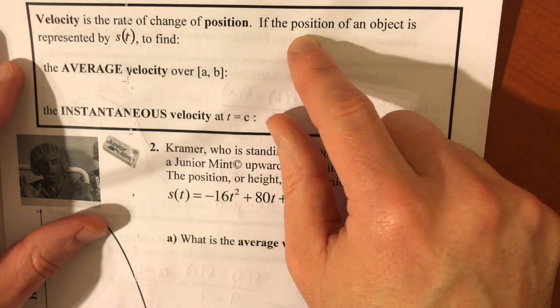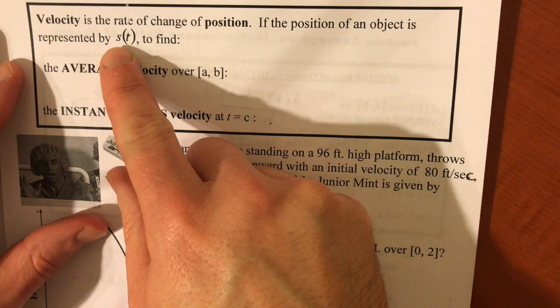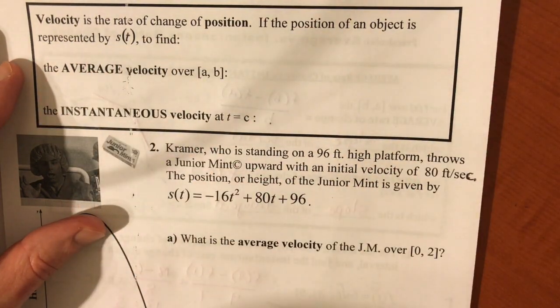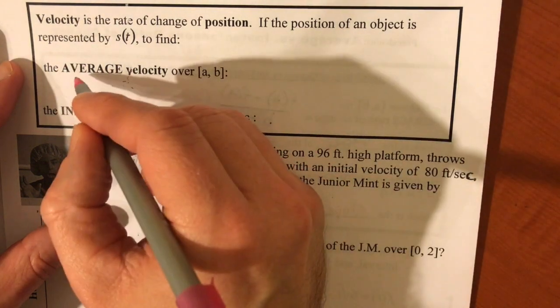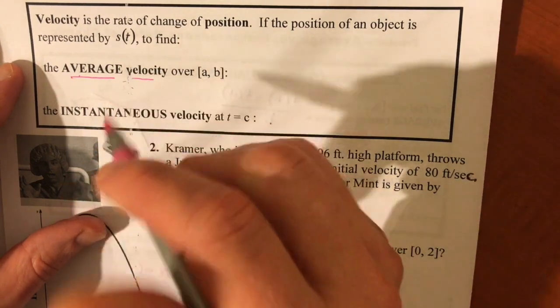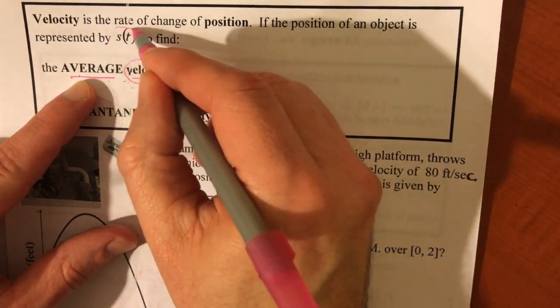So if the position of an object is represented by the function s of t, it could be anything, f of x, but it's often called s of t. And if you are talking about the average velocity, this is just another way of saying, well, that's the average, and this word, velocity, is rate of change.